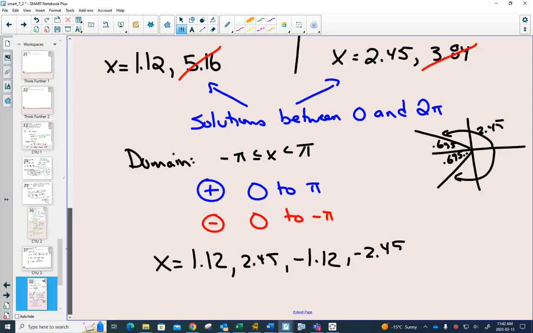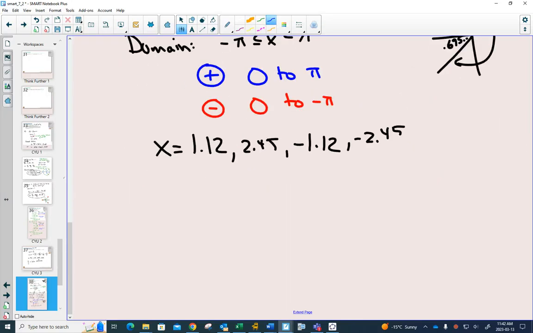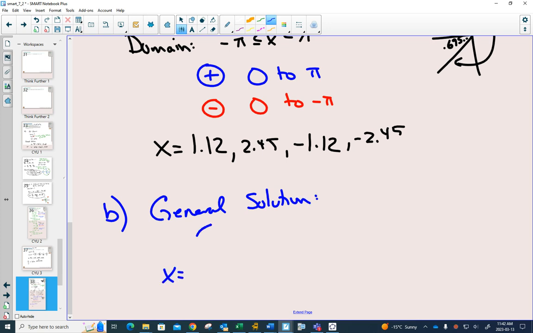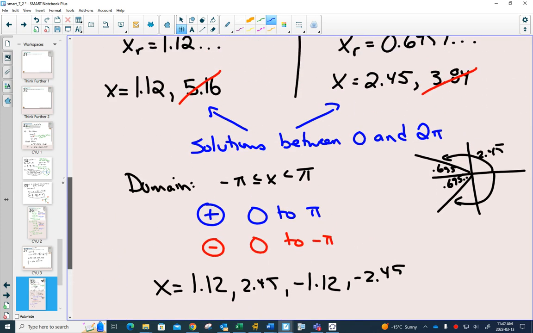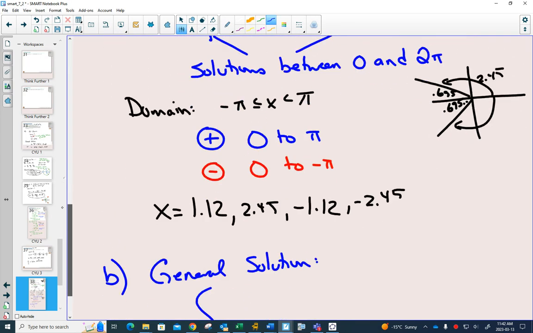Now, in part B, they asked for the general solution. And again, for the general solution, I like to use my answers between 0 and 2 pi.